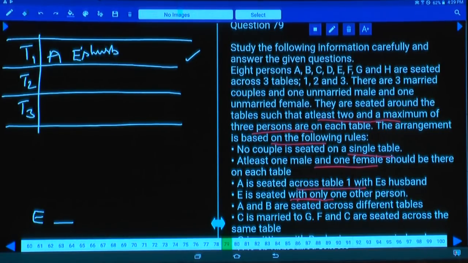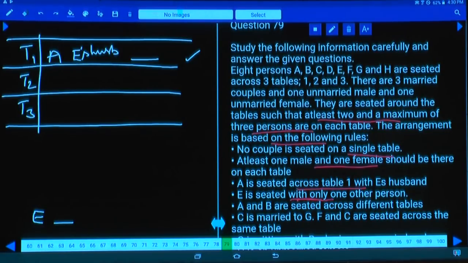No. Why? Because E's husband is already there, hence E cannot be on the first table. E can be either on the second table or on the third table, sitting along with only 1 more person. Hence the first table should consist of how many persons? 3 persons. Clear now? In the first table we should have 3 persons, and the table in which E is sitting must have only 2 persons.